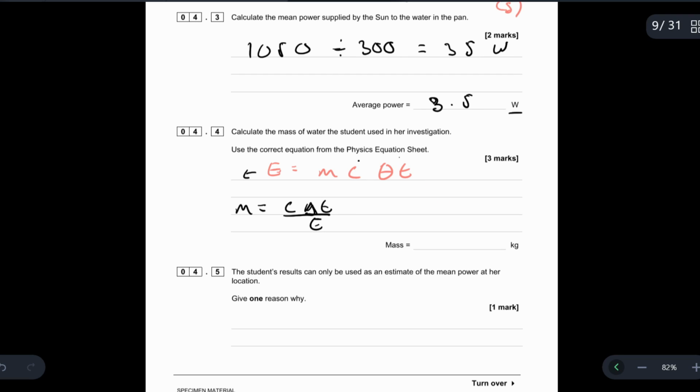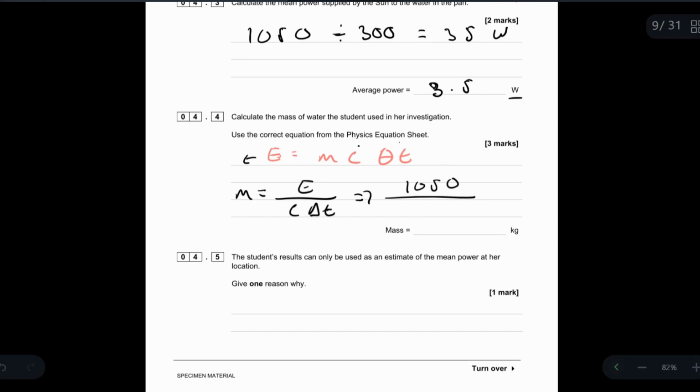Let me make some space here. Sorry, that should be the other way around. You just need to make sure you rearrange that correctly. So m equals E over c delta T. Then you can just plug in your numbers. Your energy was 1050, from the question here.